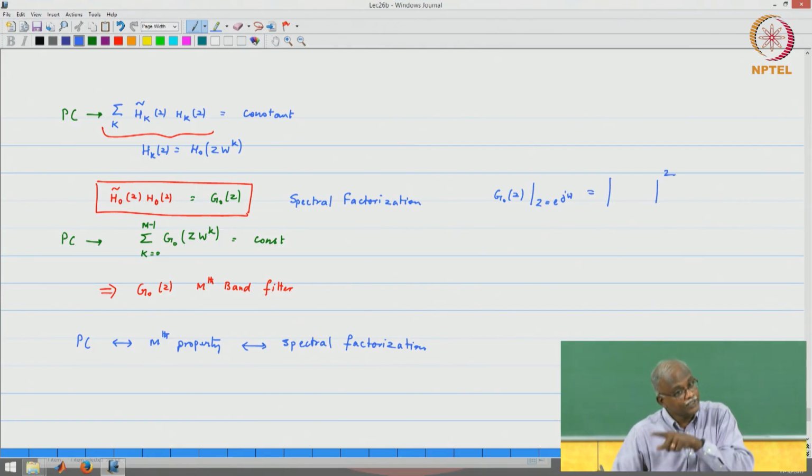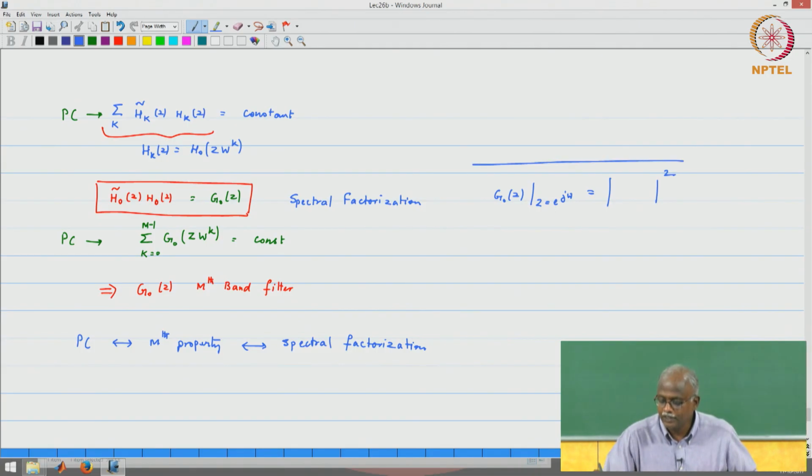As long as it satisfies that, then magnitude squared can always be factorized as polynomial and paraconjugate. No issues with that. So, I would answer your question, I would say that when can you always guarantee that G 0 of Z can be factorized in this form? It is when this condition is satisfied, right.